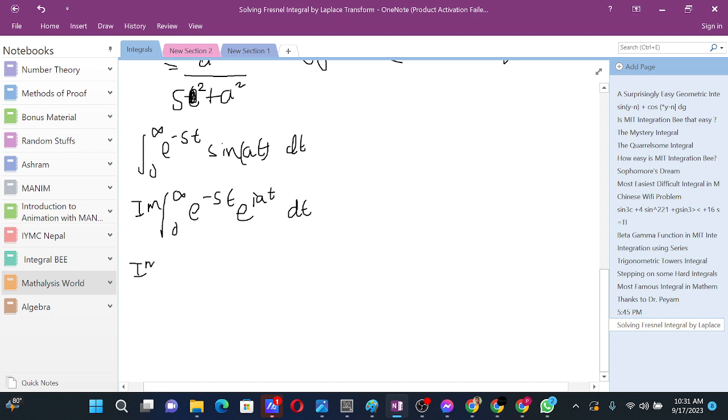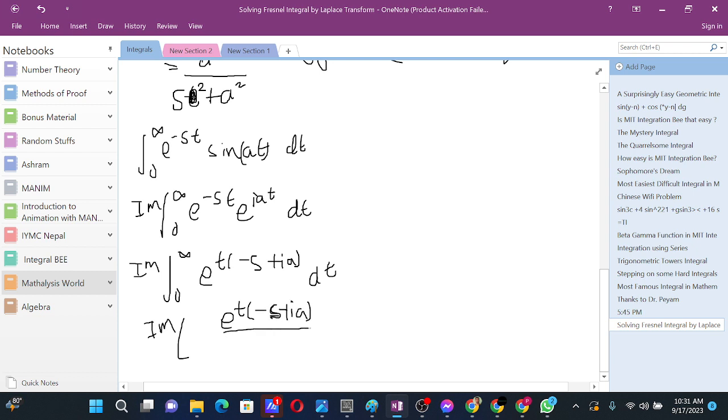And then this is the imaginary part of the integral from 0 to infinity of e to the power t times minus s plus ia dt. So now we can evaluate this easily. The integral of this is e to the power (minus s plus ia)t by minus s plus ia, from 0 to infinity.